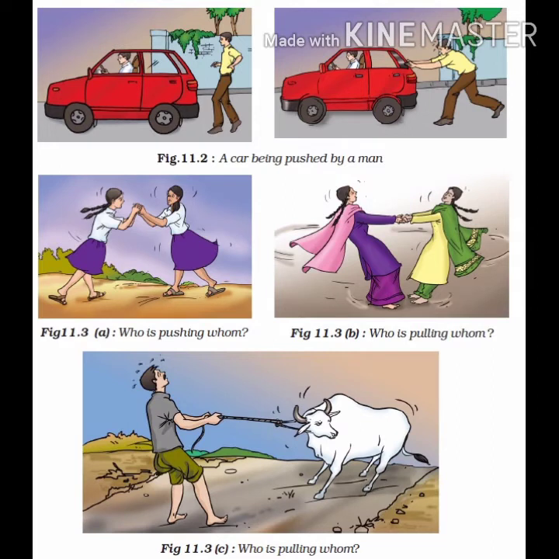In this situation, how do you decide who is pulling, who is pushing? In this case, both are pulling each other. Both are pulling each other's hand, so they feel the push on each other. There is both push and pull by each other.